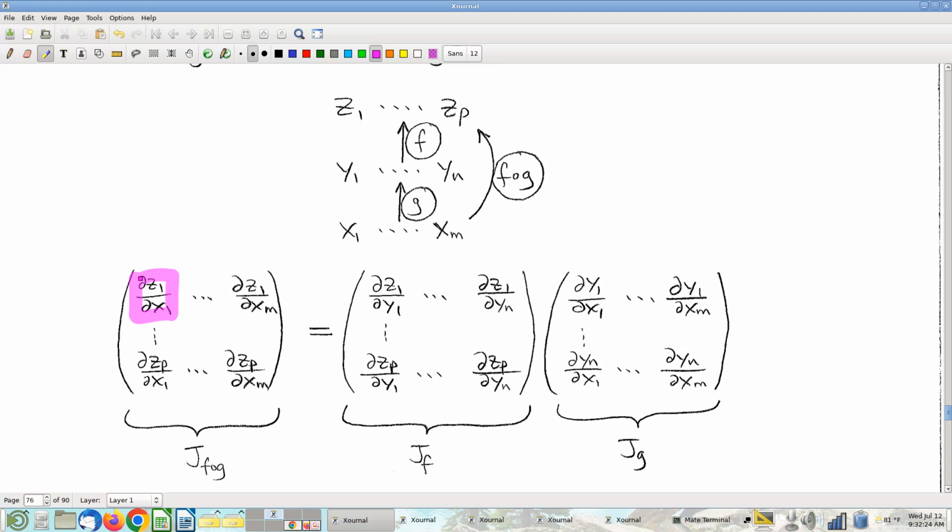So the chain rule as it applies to that partial derivative is this dot product, and the chain rule as it applies to this element, this partial derivative, is this dot product, etc. So again, a bunch of different statements all encapsulated together.